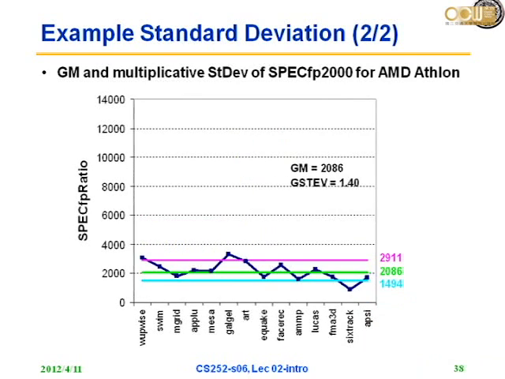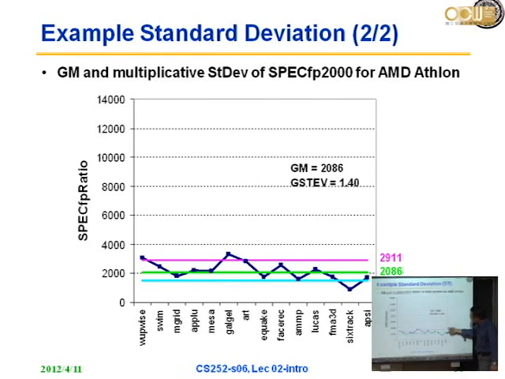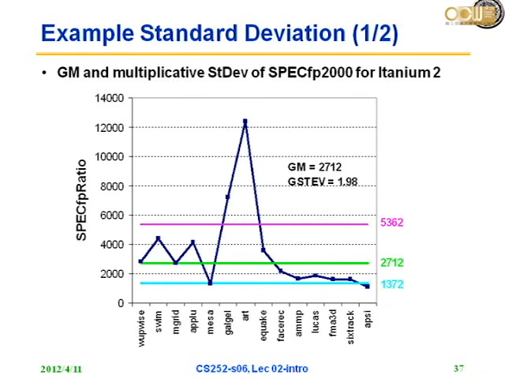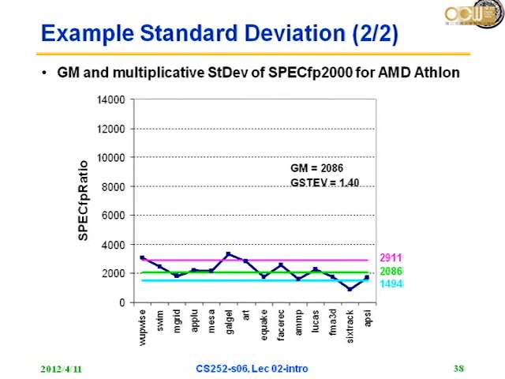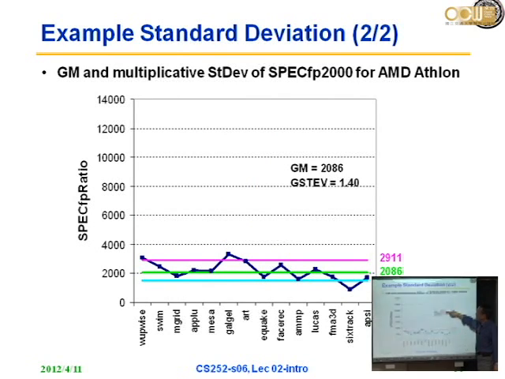And for the Athlon, the standard deviation is much smaller. For that Itanium 2, we have this kind of performance. The average is around 3,000, and the standard deviation is, oh, the numbers are here, 1.98. And the Athlon is a more predictable machine, although its performance is a little lower.